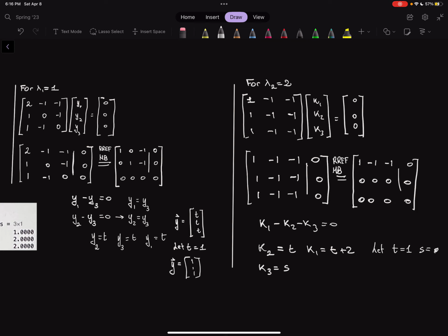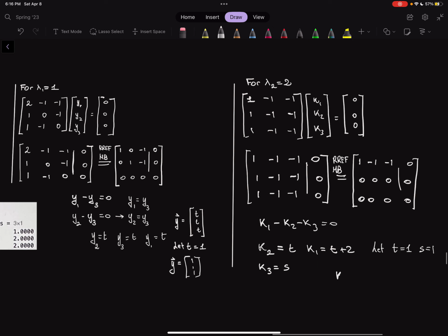Or T be equal to 1 and S be equal to 1. Then our K vector is going to be, well, what is K1? That is T plus S. And if T is 1 and S is 1, then K1 is 2. What is K2? Well, we said that T is 1 and K2 is T, so that's 1. And K3 was S, which is also 1.